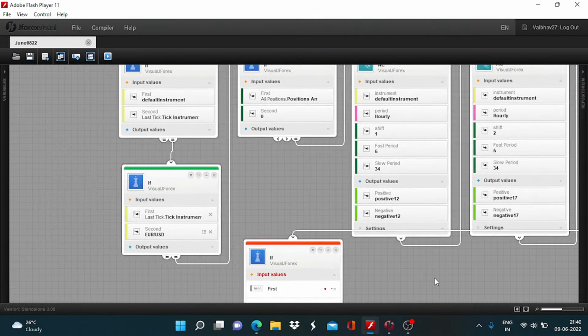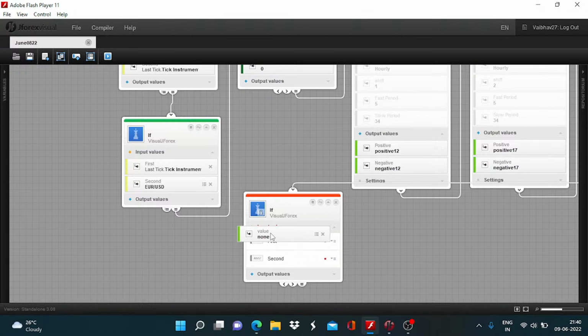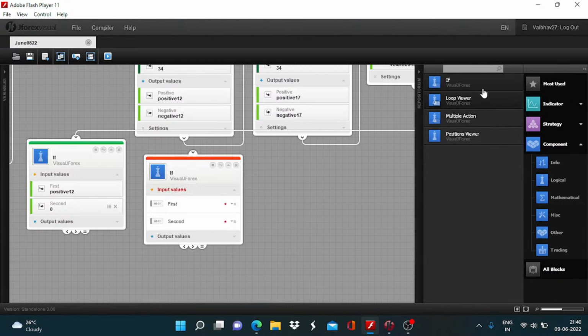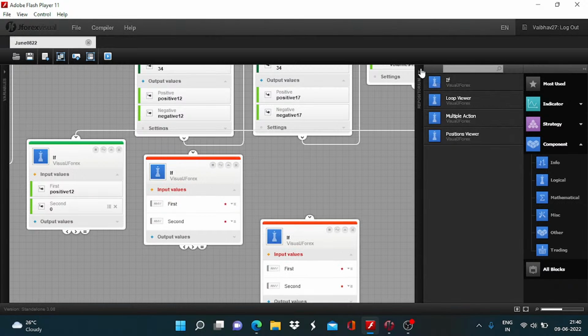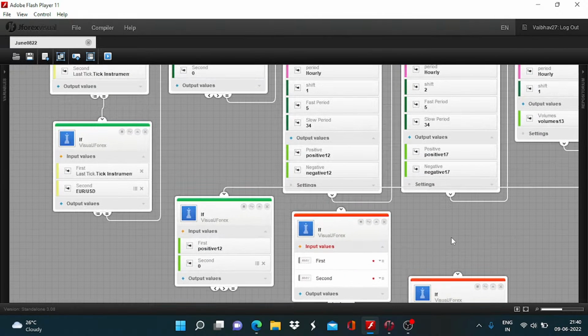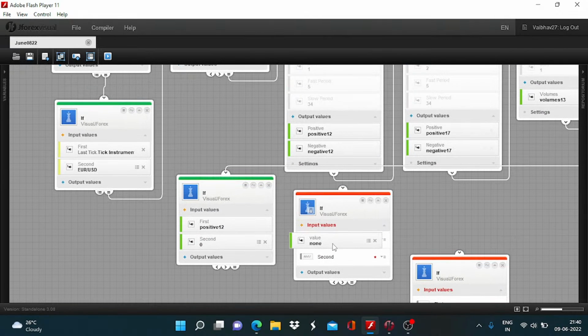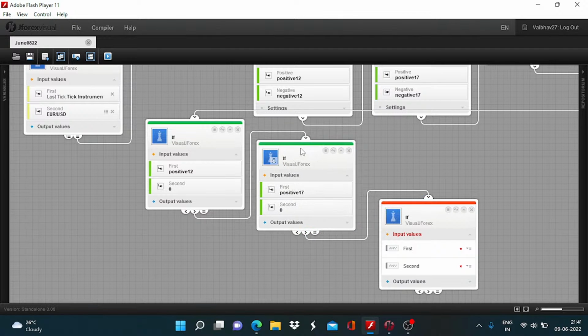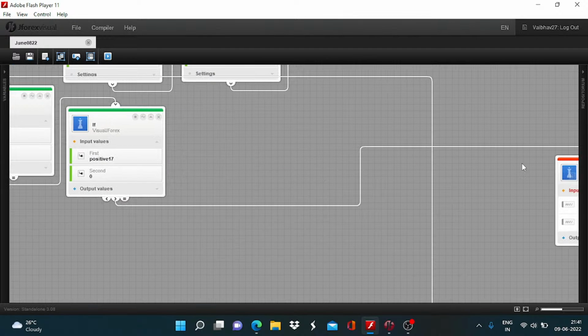So we need the output of the last hour to be greater than 0. And same applies for the penultimate hour's positive output. It should have been greater than 0. First input greater than second input, again first input greater than second input. All right.